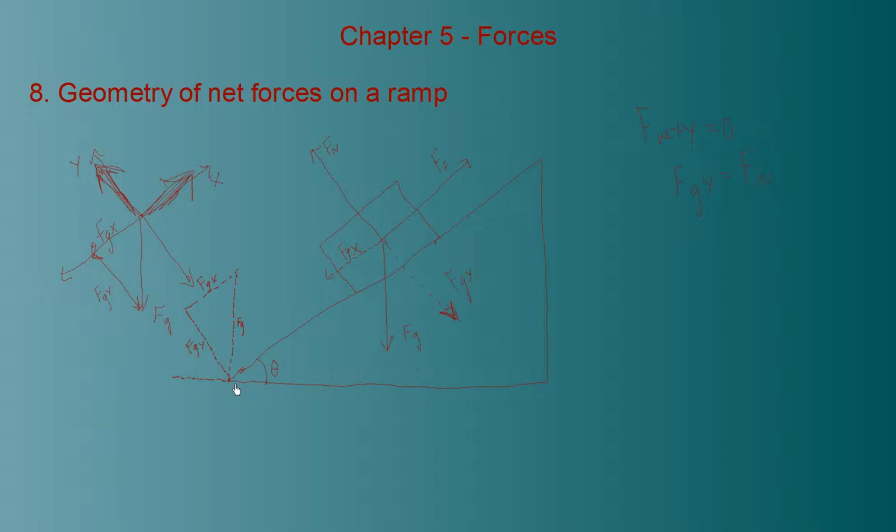And now, because I've drawn this down here at the tip of the ramp, right next to this angle here, it's easy to progress through. This is a 90-degree angle, so this little angle here must be 90 minus theta. And then doing the same reasoning, this is a 90-degree angle, and if this is 90 minus theta, this must be theta.